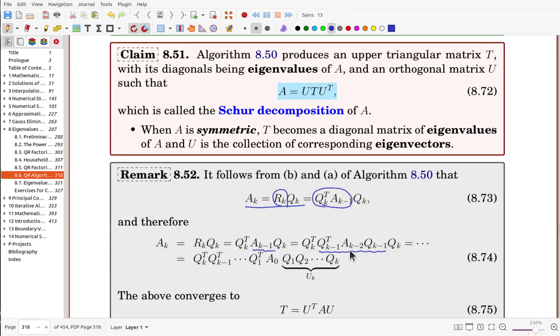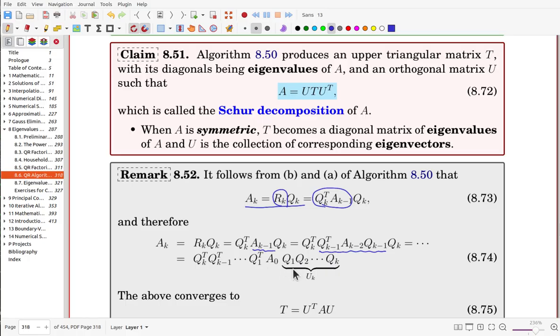And keep going. Then we can reach this term and A0, which is the original A, and then that is Q1 to Qk multiplication, and that is transpose.